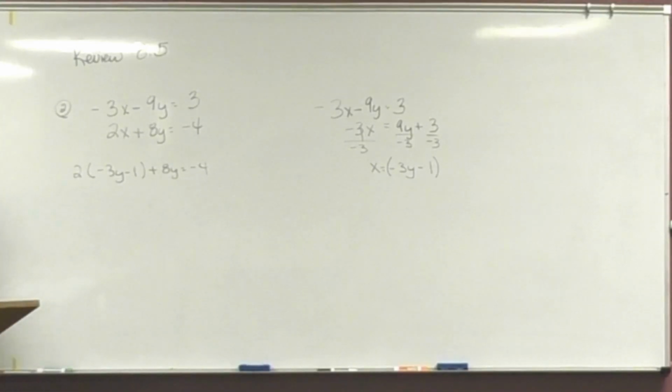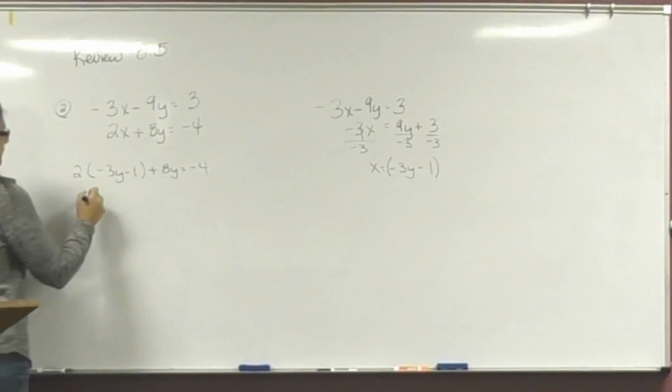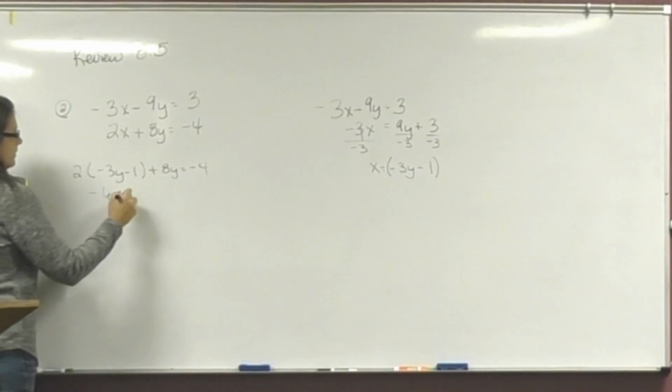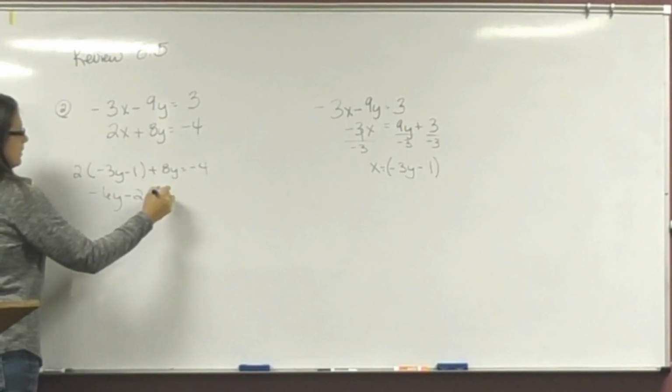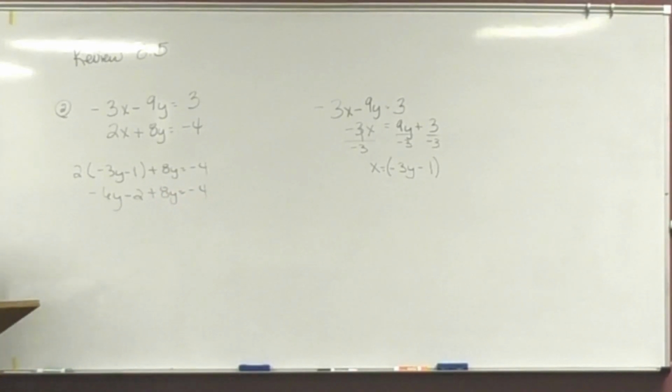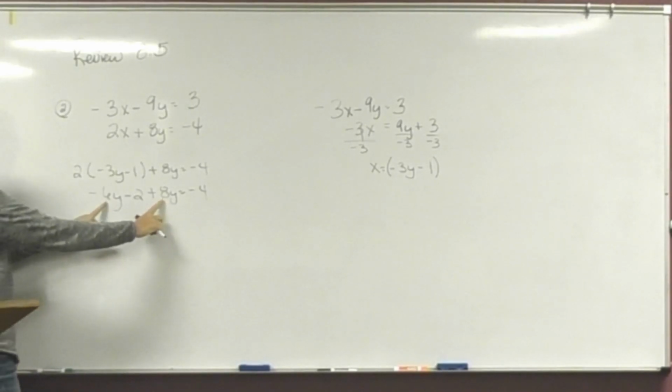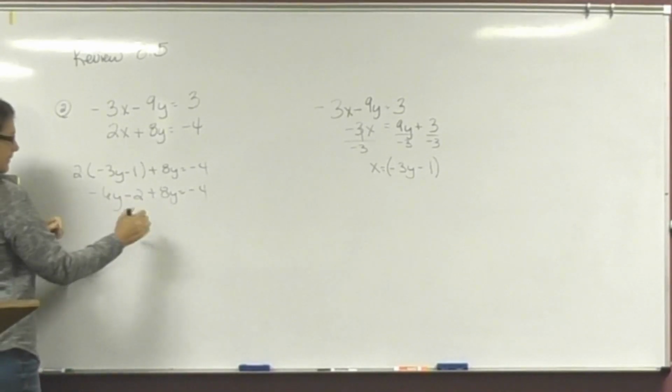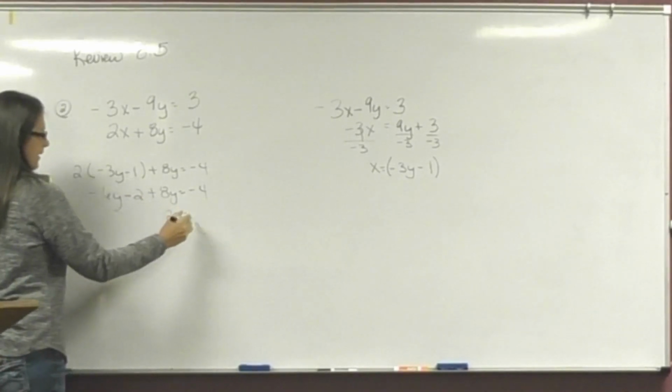Now we're going to distribute. We're going to distribute that 2 through and get rid of these parentheses. 6y minus 2. This is really basic algebra, so these are like terms that I'm going to combine. 8 minus 6 is 2y.